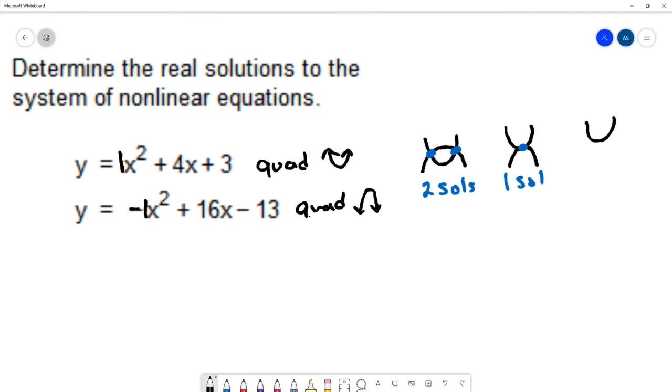Or you could have them farther apart. In that case, you would have no intersection points and no solution to the system. So with this system, we are expecting to get either two solutions, one solution, or no solution.